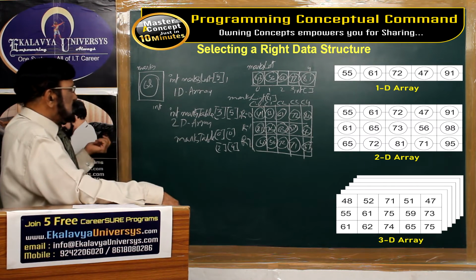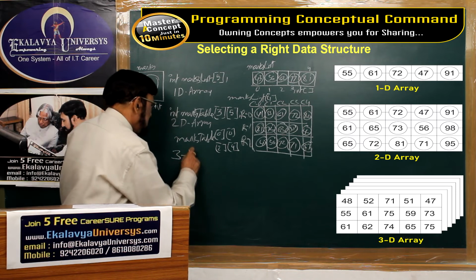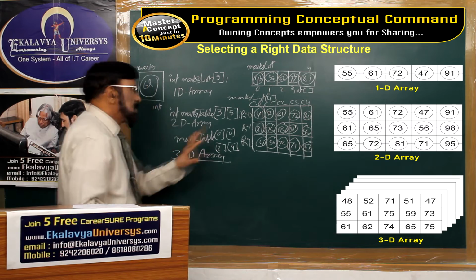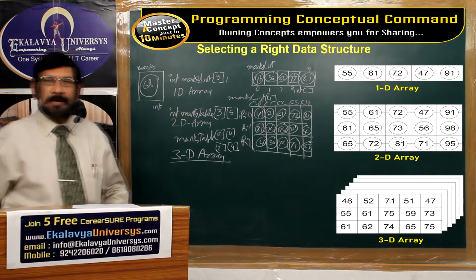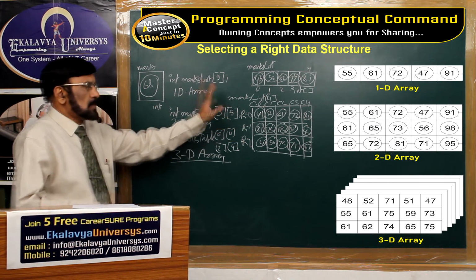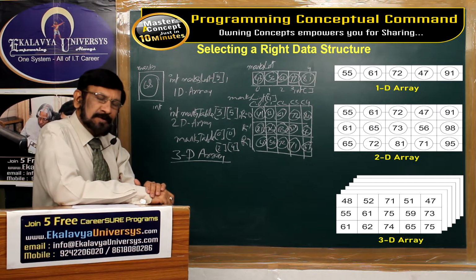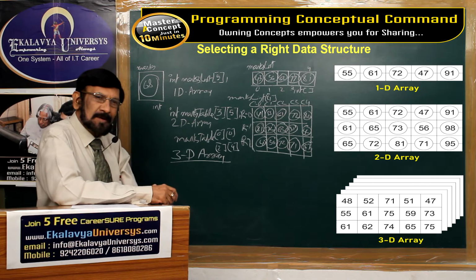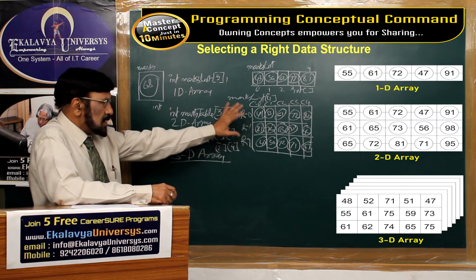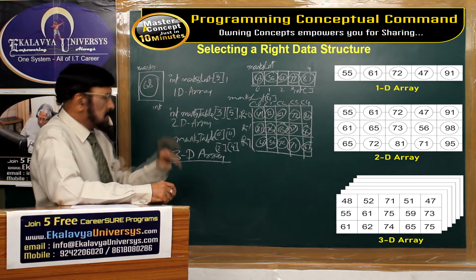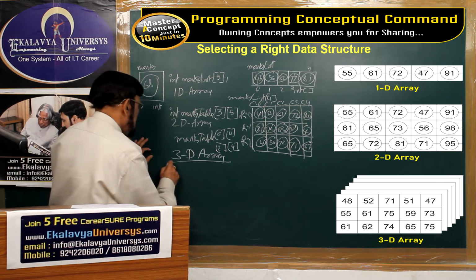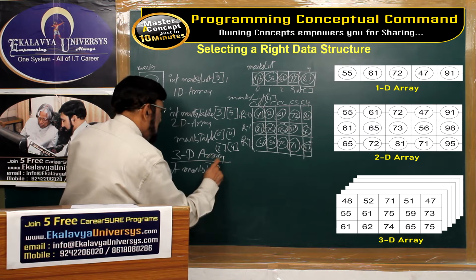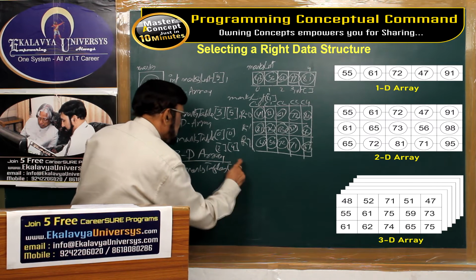Now, when is a three-dimensional array required? Actually, your job is over, because all your marks are stored in a two-dimensional array. What about your teacher? In your class, there are 60 students, and your teacher or lecturer is responsible for all the students. Then what happens? int marks tables.